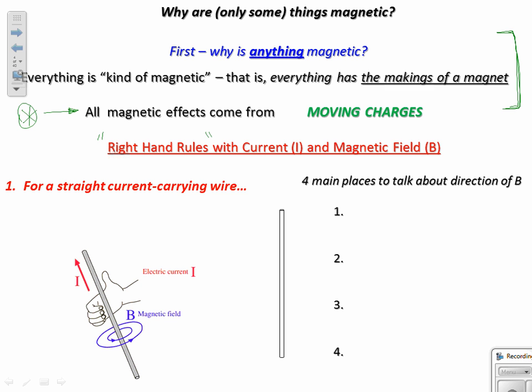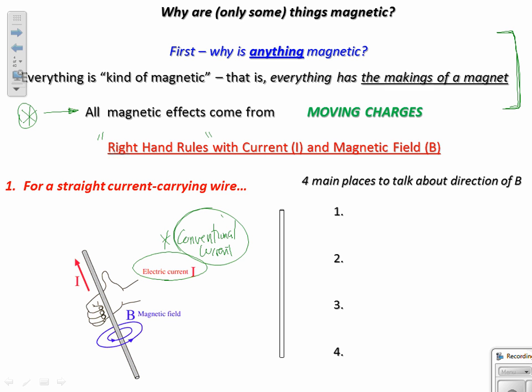If we know the direction of electrical current, and ding, ding, ding, this means conventional current. If you don't know what conventional current is, you need to. I'll just tell you, conventional current is the direction of free positive charge flow.